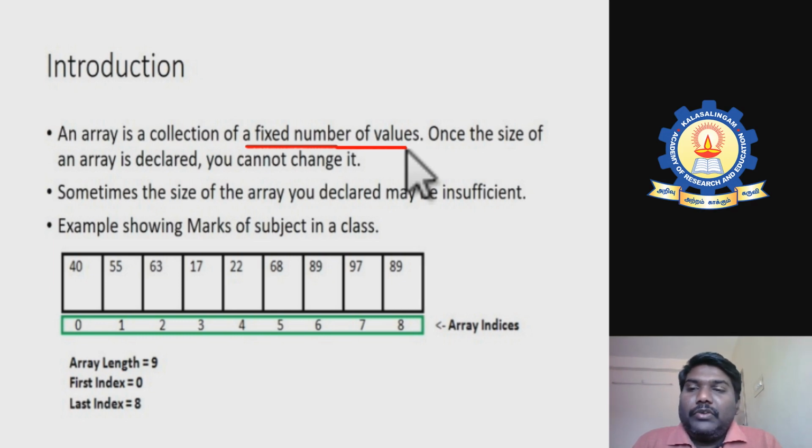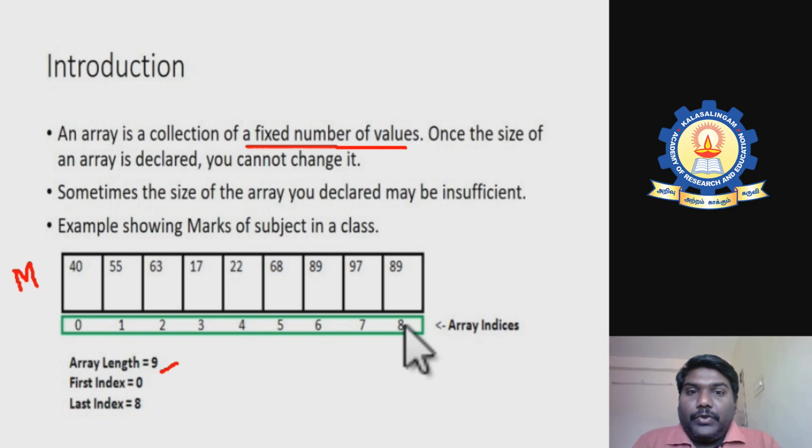For example, assume this is a marks array, and if I want to get marks of n students, I must declare this array with a predefined size, that is int mark[10] or mark[20] or mark[30], depending upon the number of students. Assume I declare this array with length 9, so 0 to 8 I will have 9 locations, and I am getting the marks of 9 students.